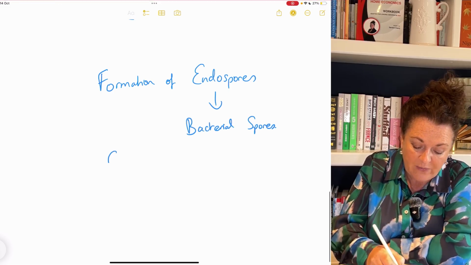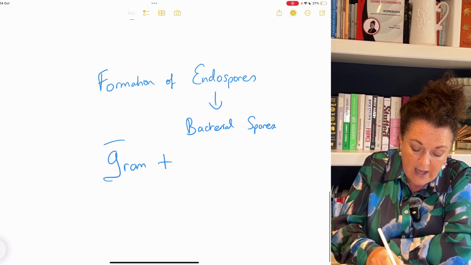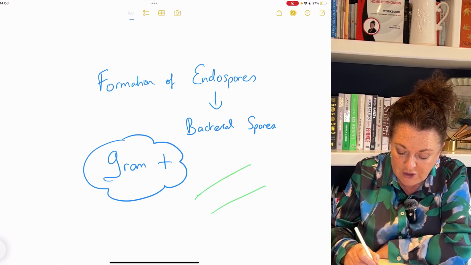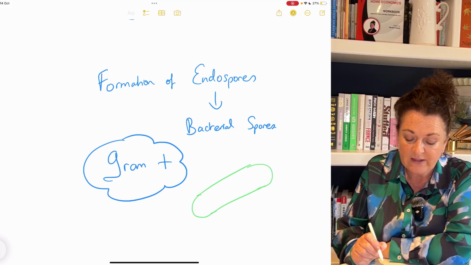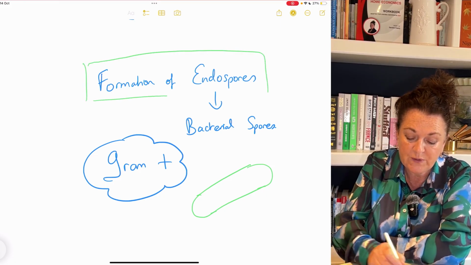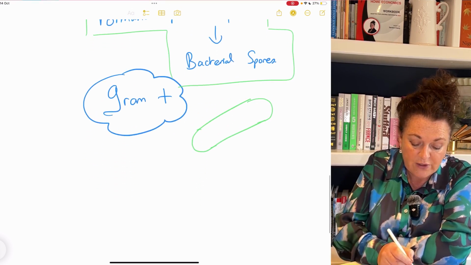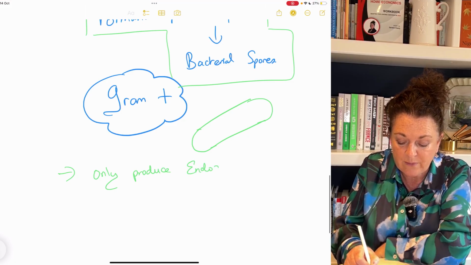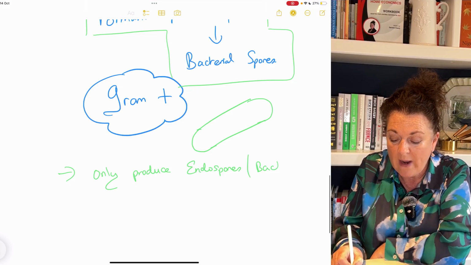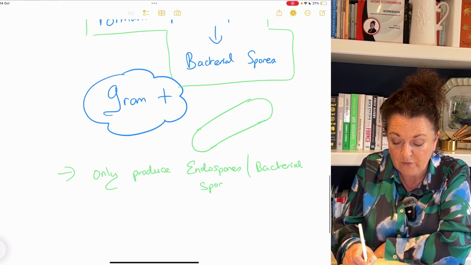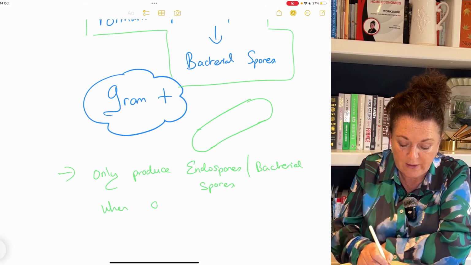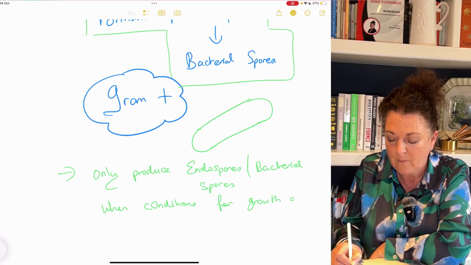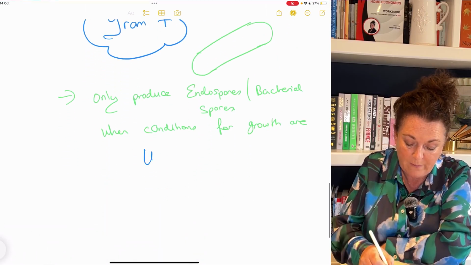If the bacteria are gram positive, and a reminder that gram positive bacteria have no flagellae, these gram positive bacteria are able to produce the bacterial spores, but they will only produce the endospores or bacterial spores when conditions for growth are unfavourable.